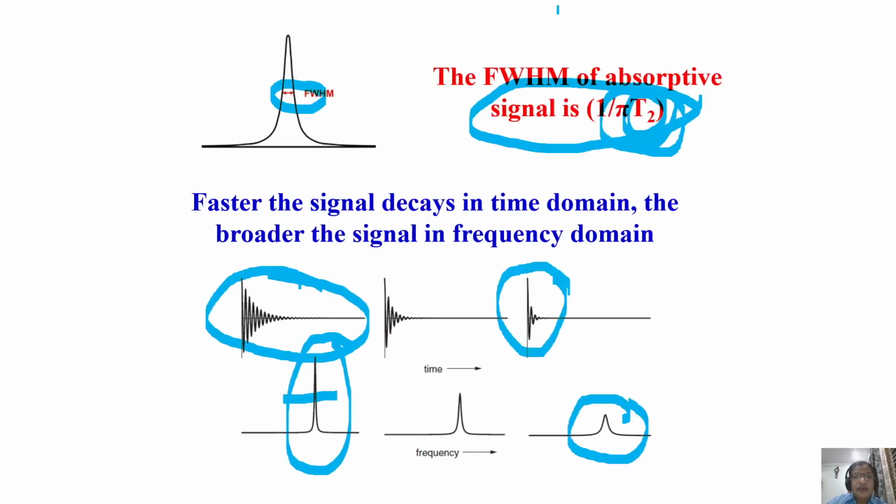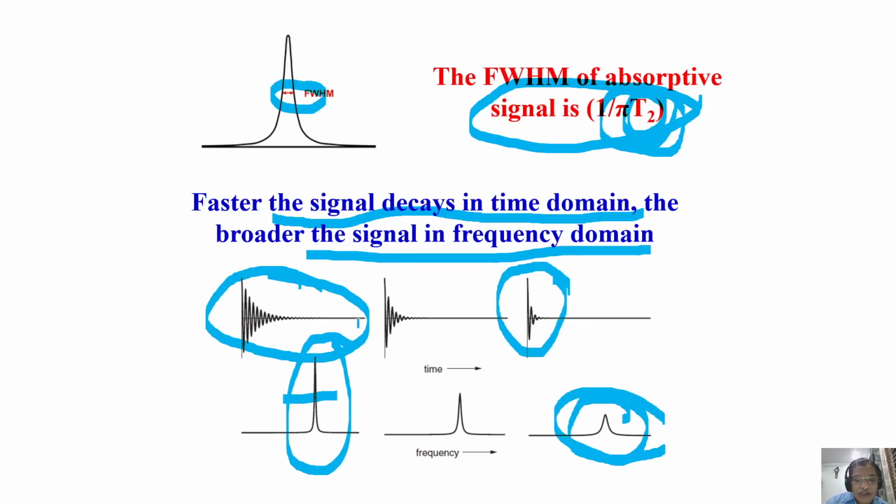Remember, if you do not understand anything, at least remember: the faster the signal decays in the time domain, the broader the signal in the frequency domain. It decays very fast here, it gives a broad signal. If it decays very slowly here, it gives a sharp signal.